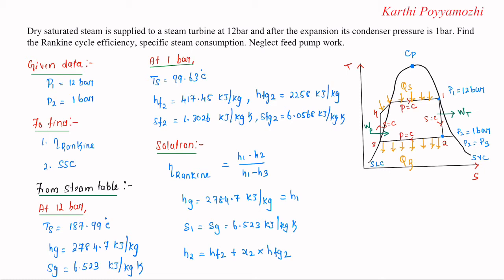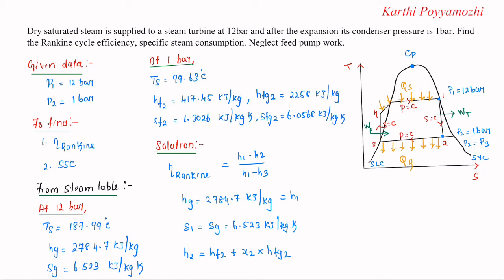With this data we have to find the enthalpy at state point 2. We have the values of hf2 and hfg, but the dryness fraction remains unknown. We have to find the dryness fraction in order to calculate the value of H2.